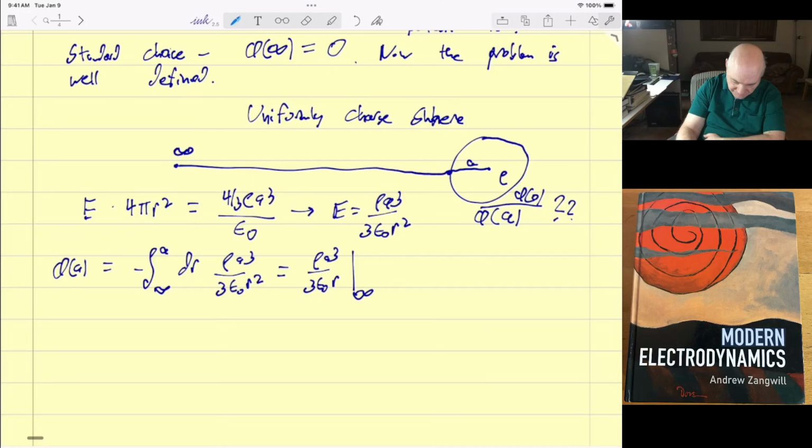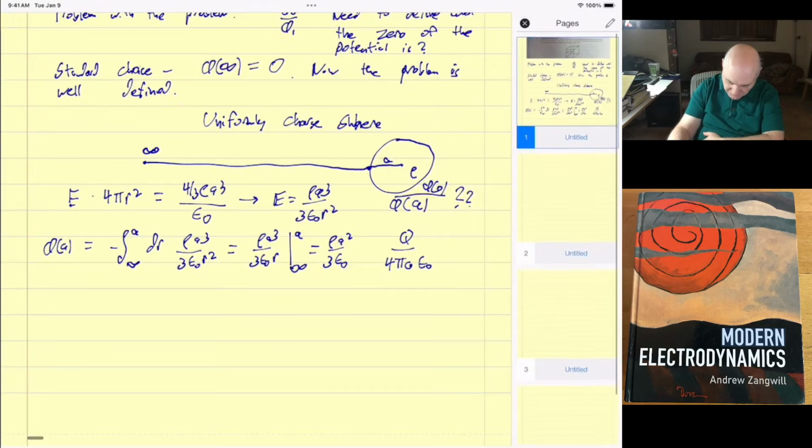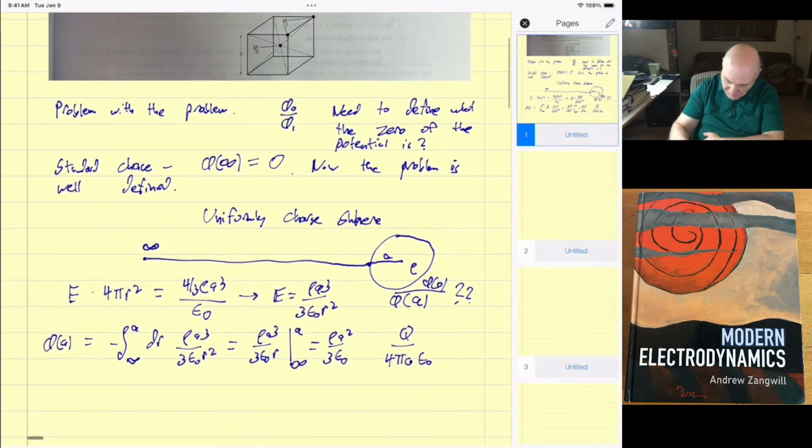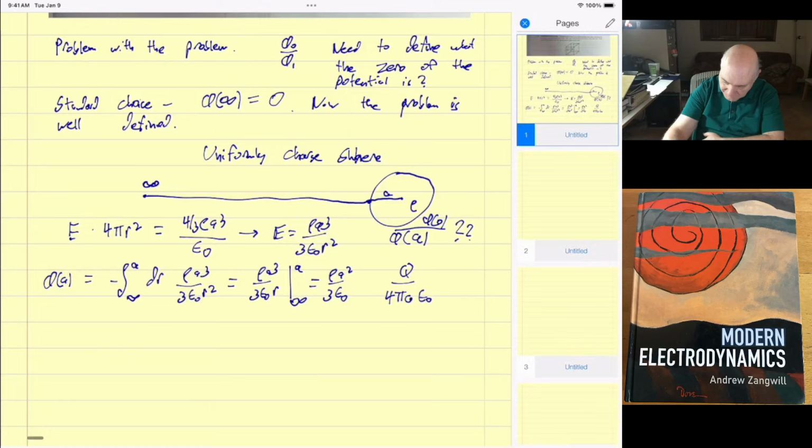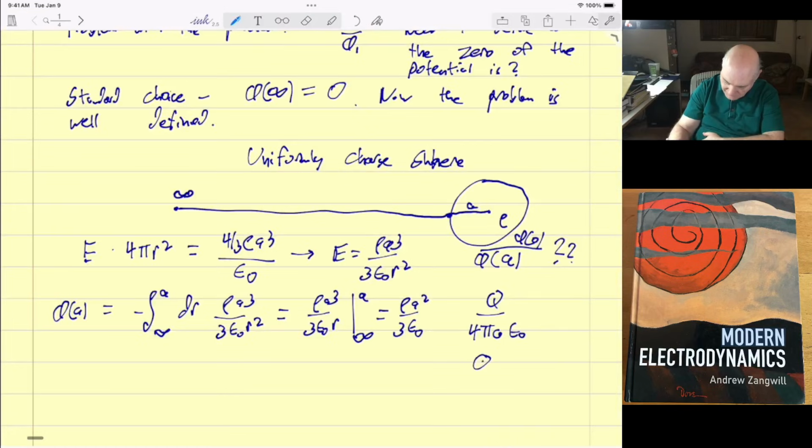Going from infinity to a, we get rho a squared over 3 epsilon 0. And if you want to rewrite that in terms of the charge, you would get q over 4 pi a epsilon 0. Remember, q is equal to 4/3 pi rho a cubed.